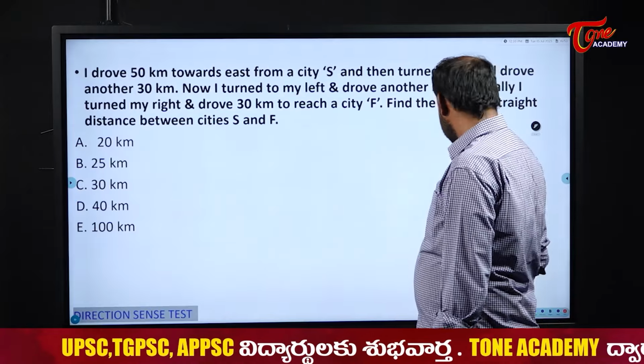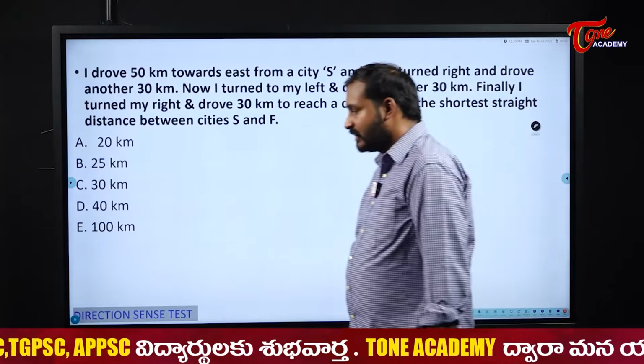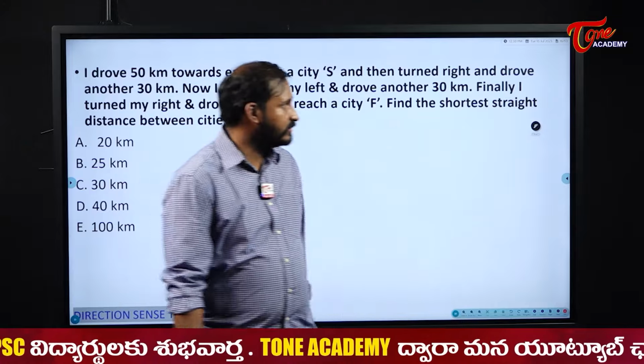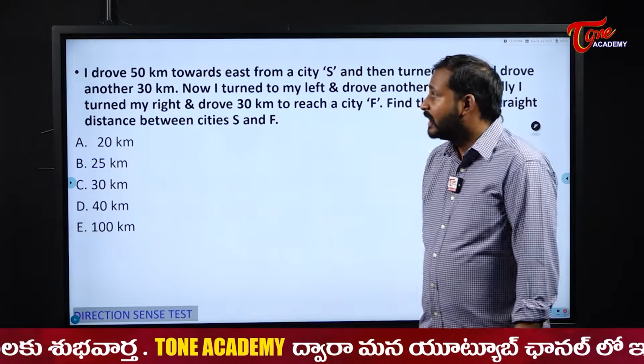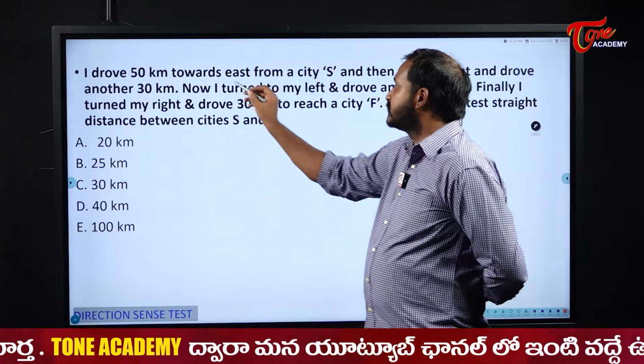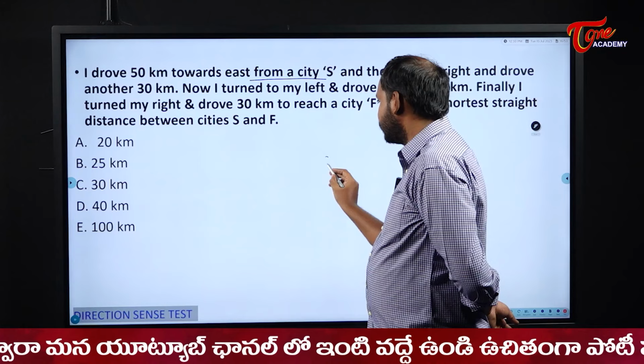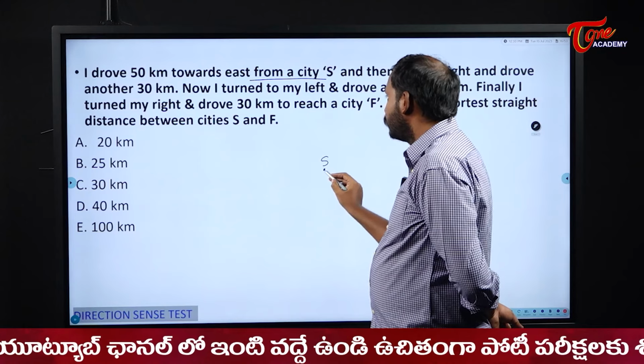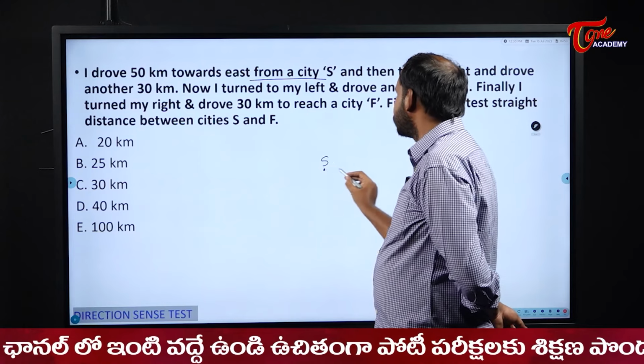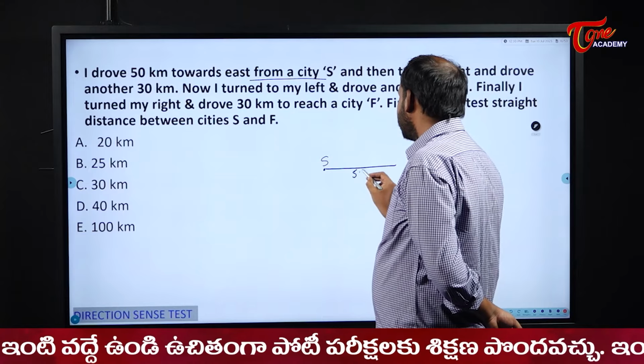Next one. Now see here, solve this one. Pause the video and try to solve this one, students. Make it fast. From a city S, I drove 50 kilometers towards east.